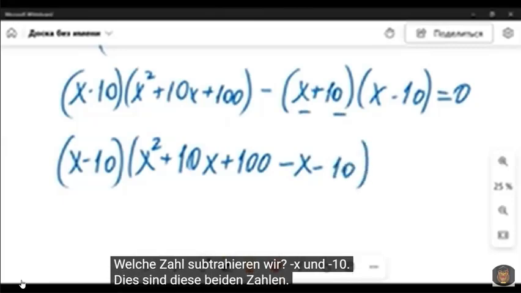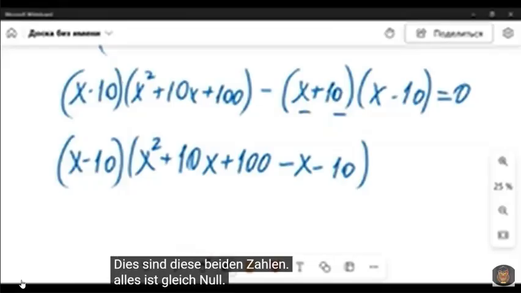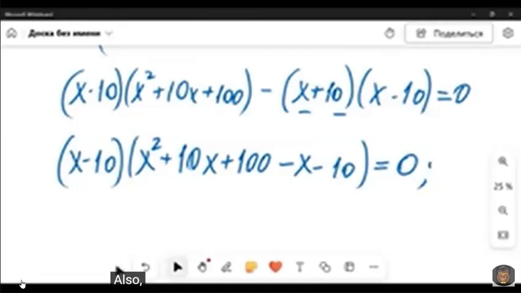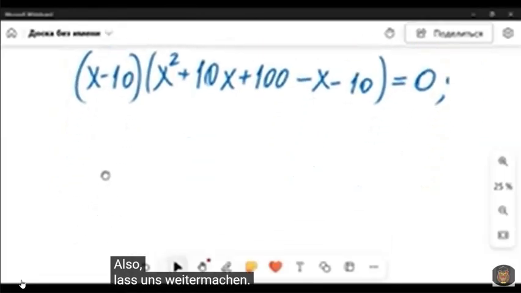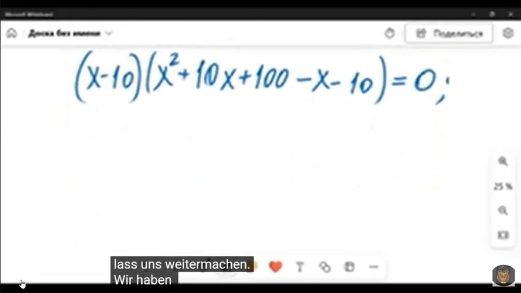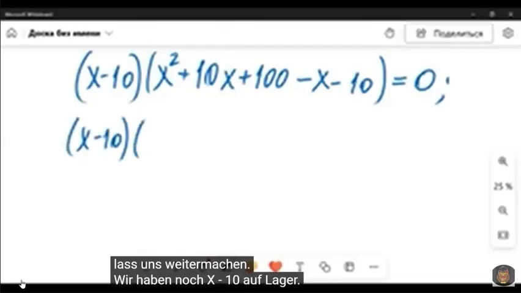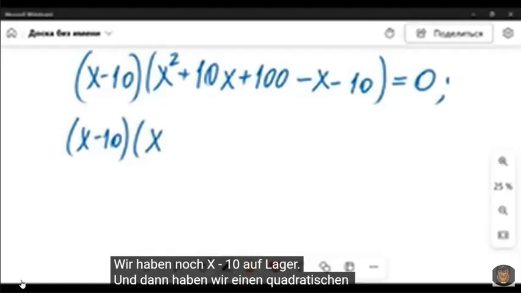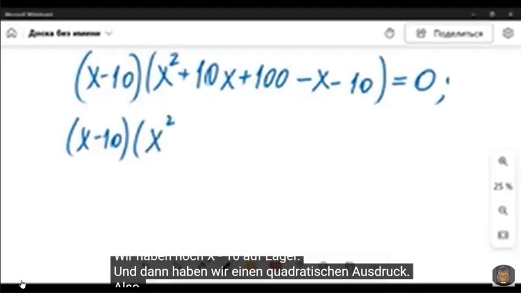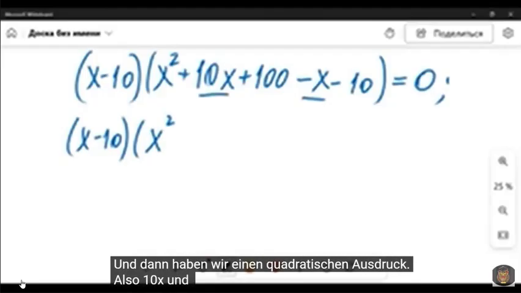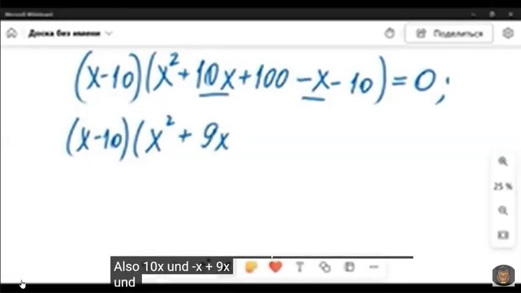These two brackets are equal to 0. So, let's move on. We still have x minus 10 in reserve, and then we have a square expression: x squared plus 10x minus x minus 10x plus 9x plus 90 equals 0.